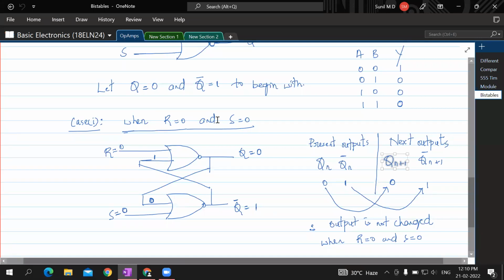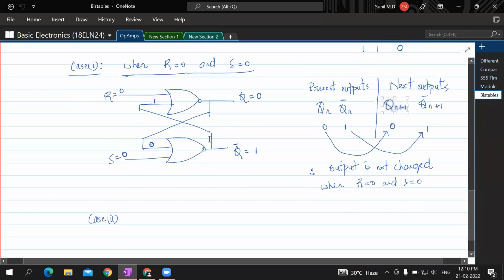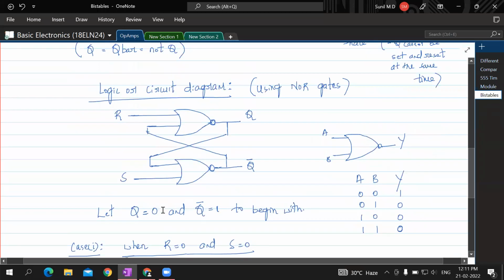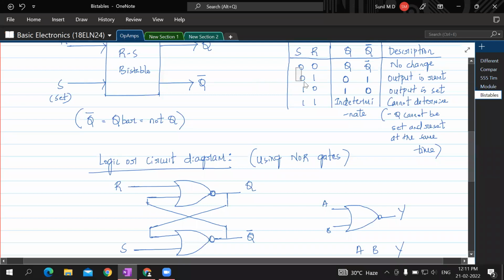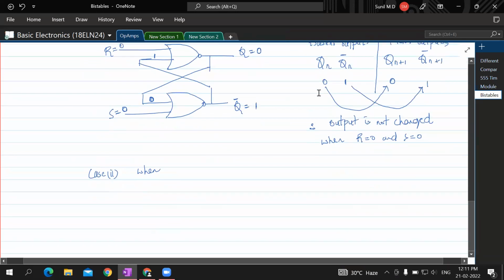Yes, sir. Okay. Now, what would be the second case? Tell me. The second case is when S is 0 and R is 1.